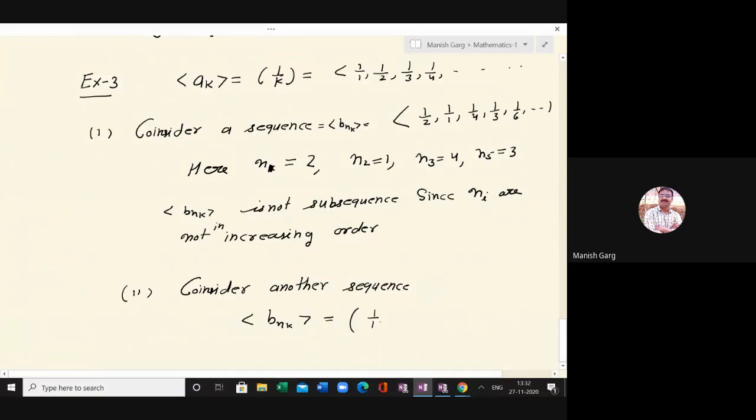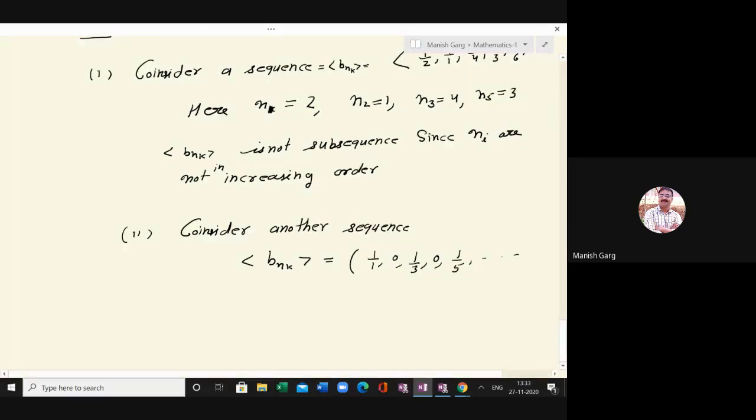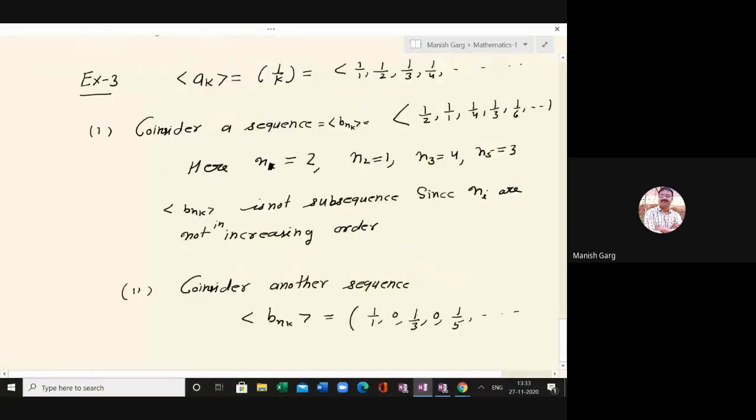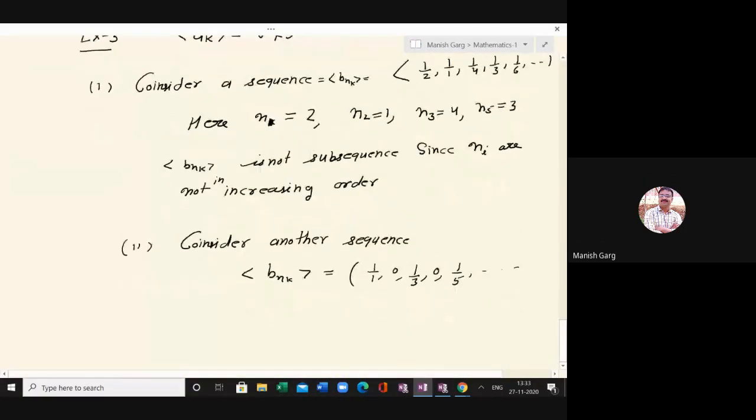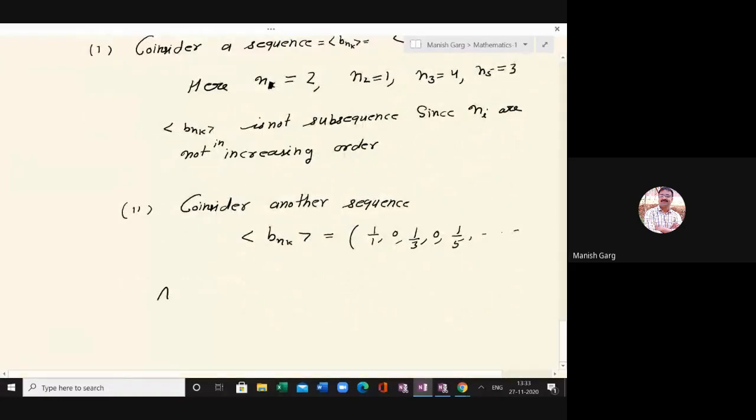This is 1 by 1, 0, 1 by 3, 0, 1 by 5. Is it a subsequence? Again, 0 is not an element of N. So again, this Bn is not a subsequence of the sequence An, since 0 is not an element.